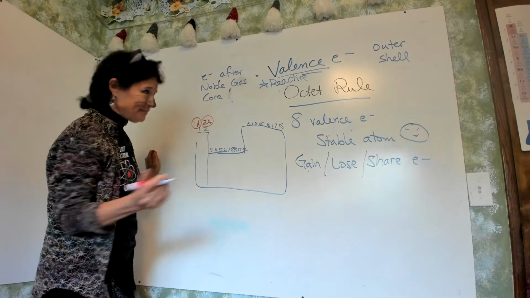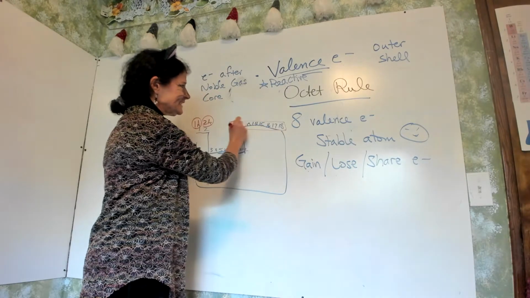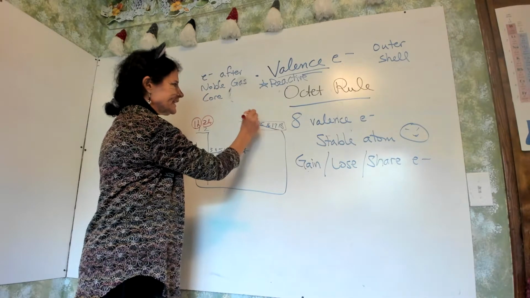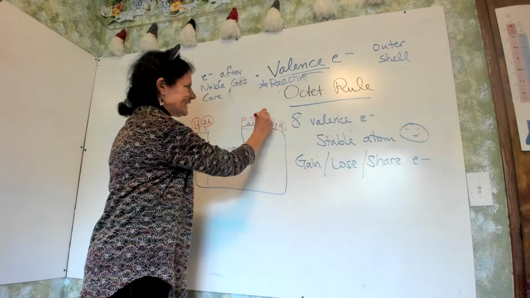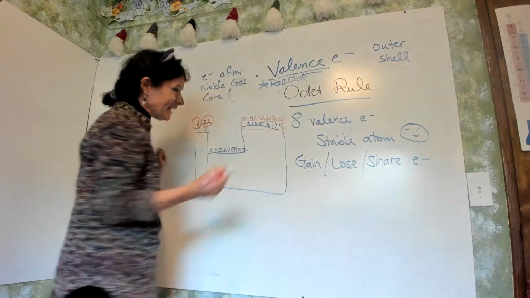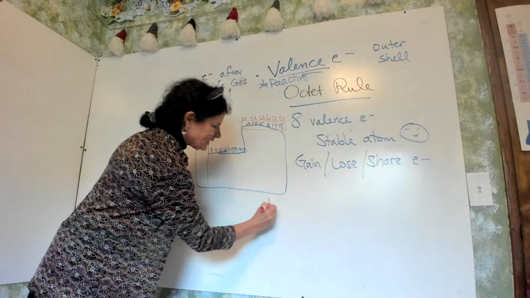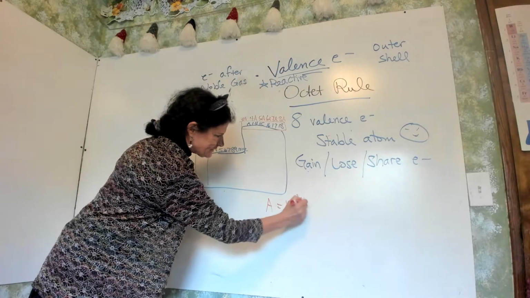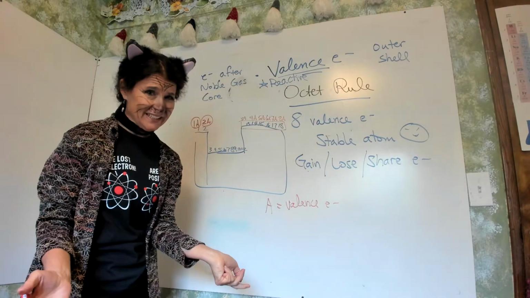That's still the same, but where it changed was over here. Instead of 13 through 18, they were called the 3As, the 4As, 5A, 6A, 7A, and 8A. And what that meant is the A number equaled the valence electrons. It was an old way of defining valence electrons.